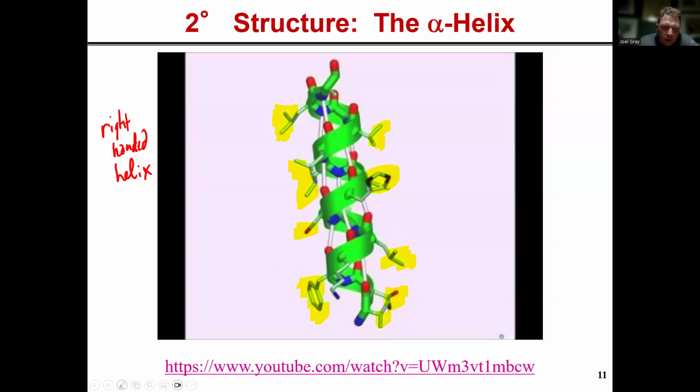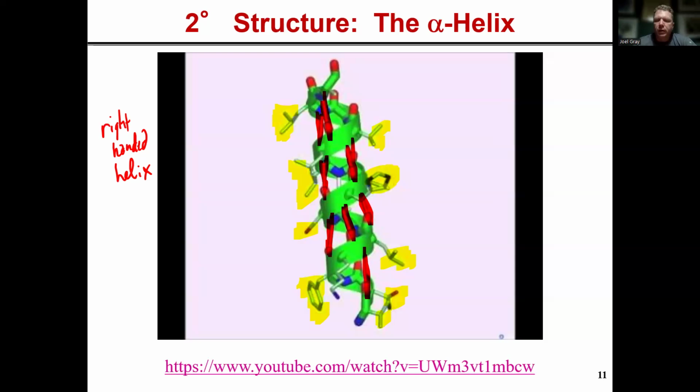Now, the next thing that I want to highlight, I'm going to use the highlighter tool, but I'm going to do it in, let's go with red. Yeah, there we go. This, this, this, this, here. Where I made these red markings, those are illustrating my backbone hydrogen bonds.